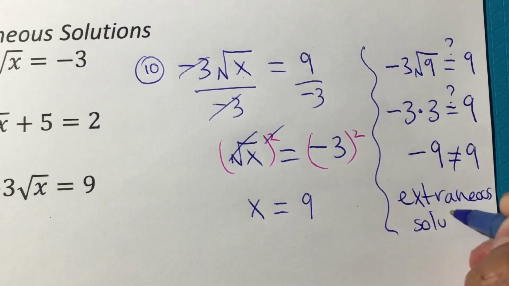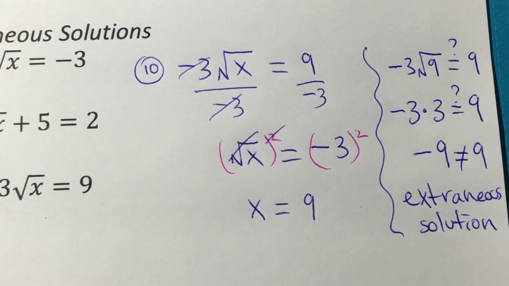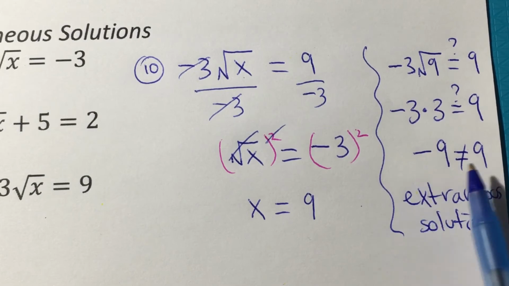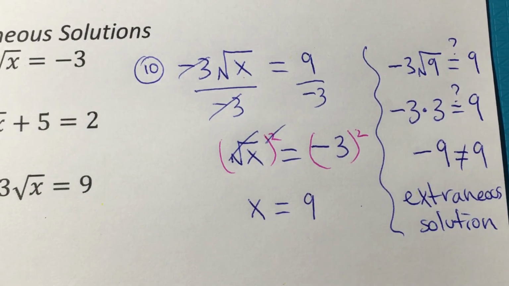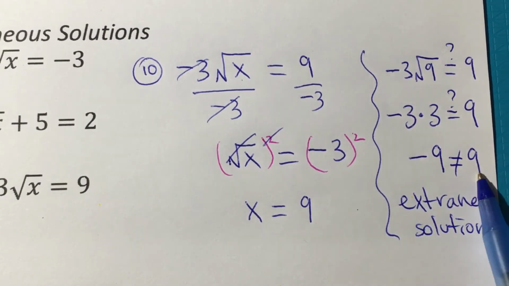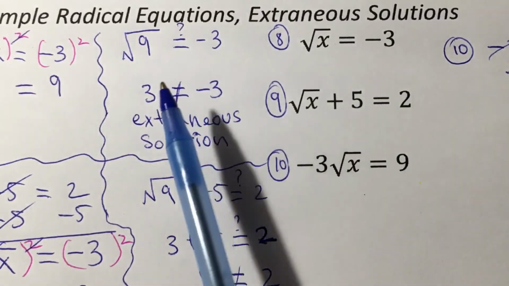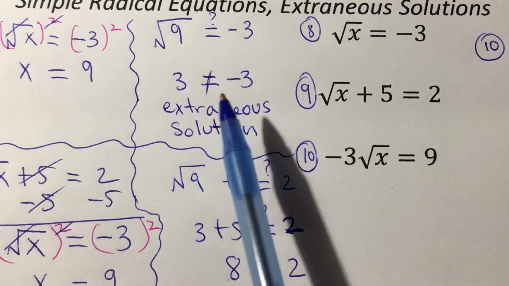So basically, as you see in these 3 examples, all of them are extraneous because they don't match on both sides. They're not equal to each other. And sometimes it looks almost the same, but they're opposite of each other, right? Whilst one is negative and the other one is positive. Same for the first one in this group.